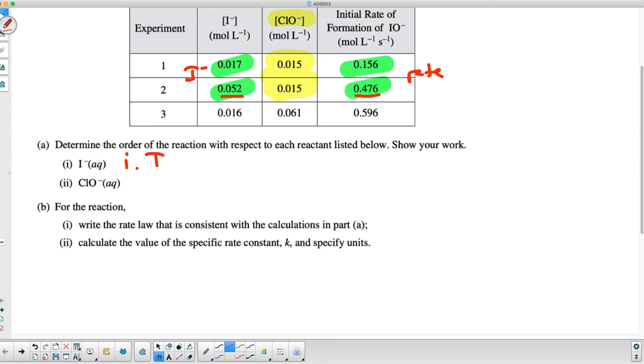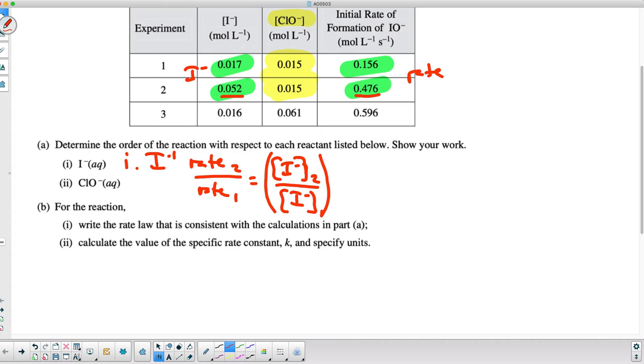So for I minus, I'm going to do rate 2 over rate 1, and that's going to equal, since I don't have to worry about ClO minus, the concentration of I minus in experiment 2 over the concentration of I minus in experiment 1, all to the n power, because we're not sure what that is yet.